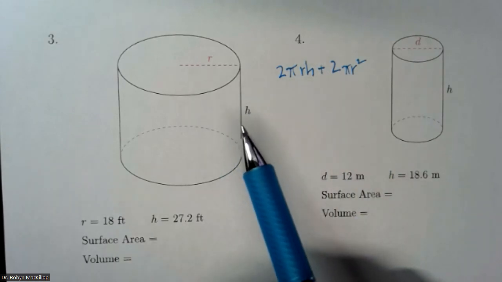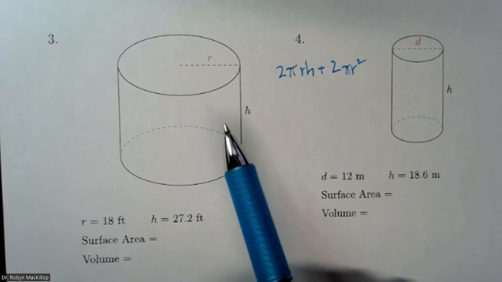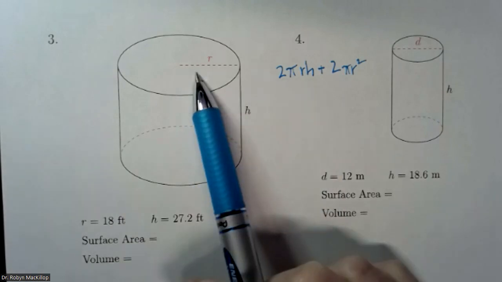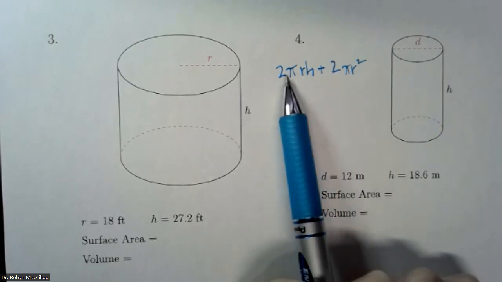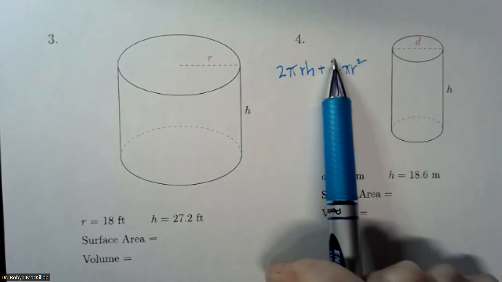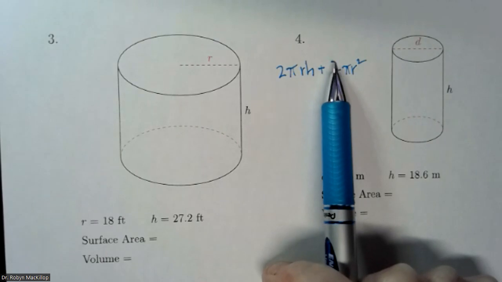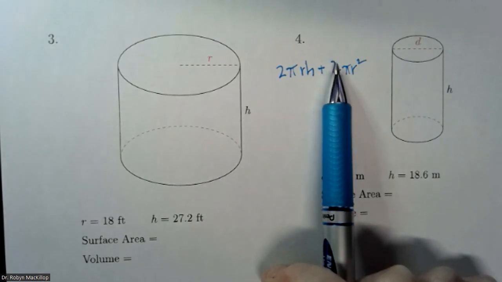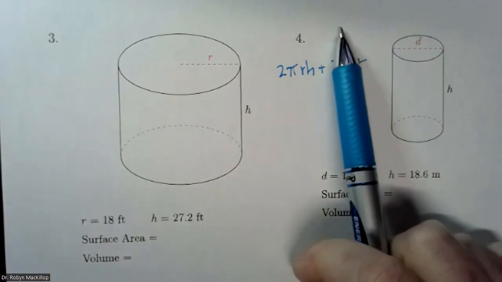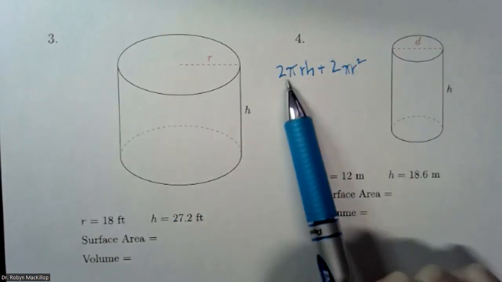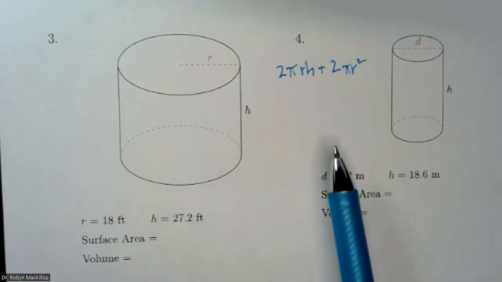So if they gave you a cup that didn't have a top, you'd get rid of the two. And you do this and that portion. If they gave you a paper towel tube where it's open on both ends, you'd get rid of all of that. And you just use that. Hopefully that makes sense.